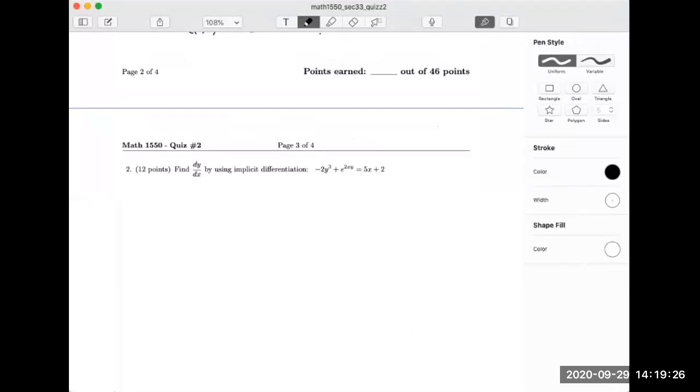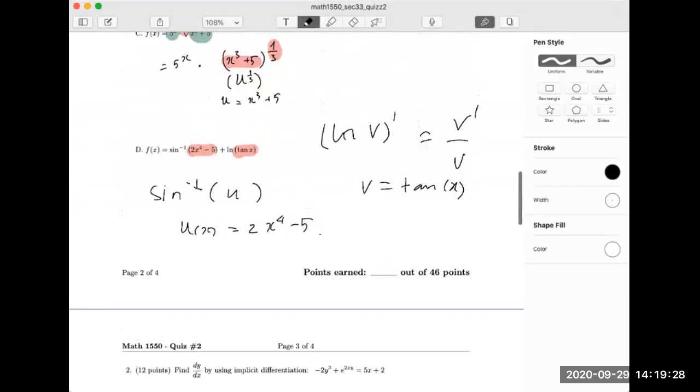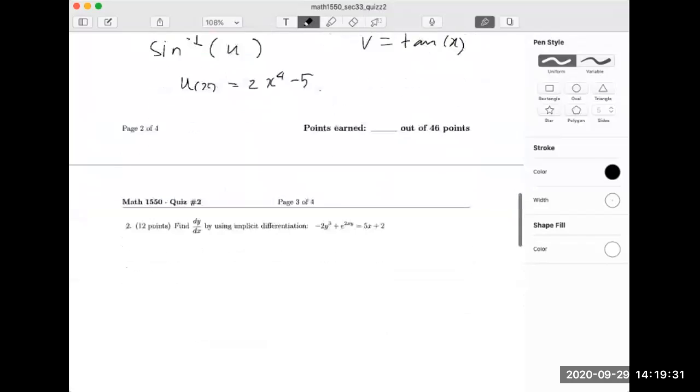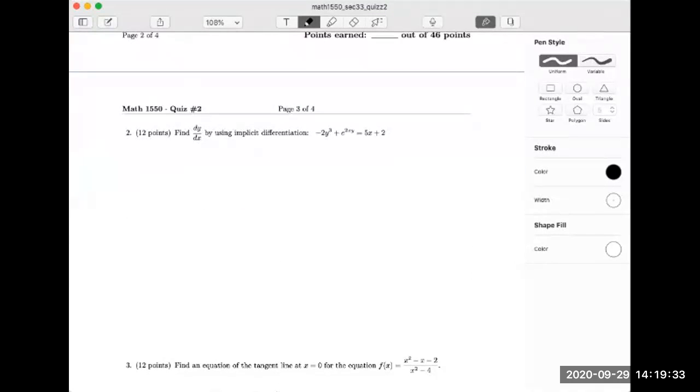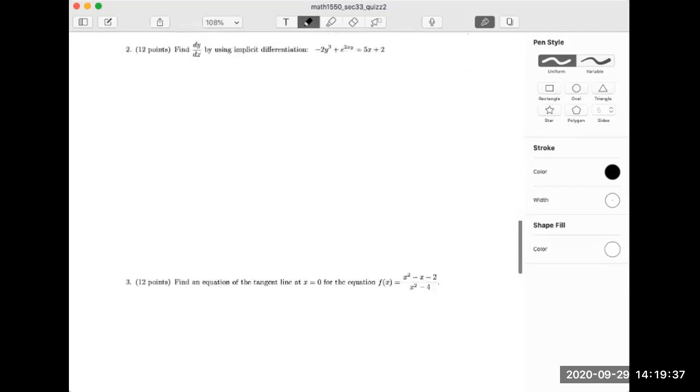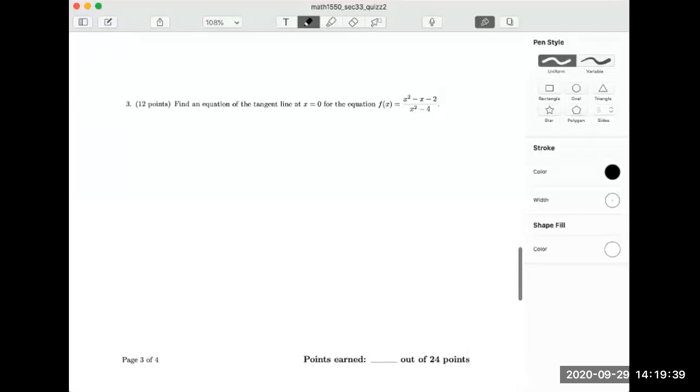So in the first one, you just do the derivative, right? The second one, you need to use implicit differentiation, then review it. The third one here, the equation of the tangent line at a specific point. So the same story, we need to compute the first derivative and evaluate the value at this point, right?